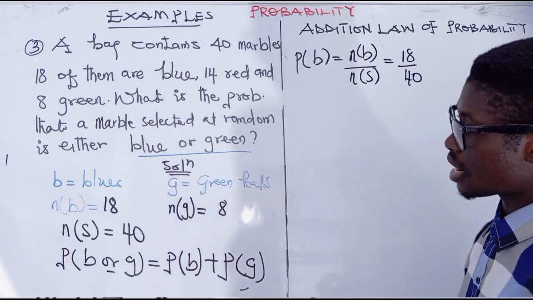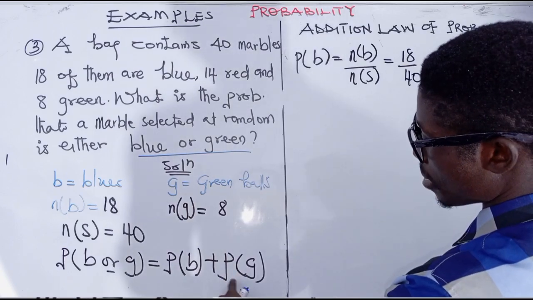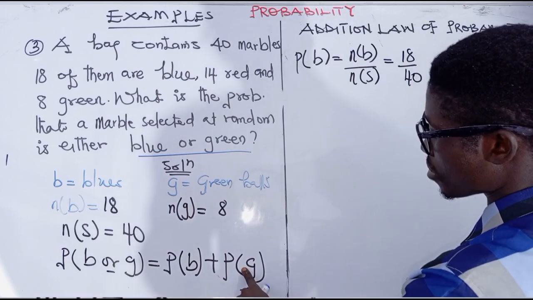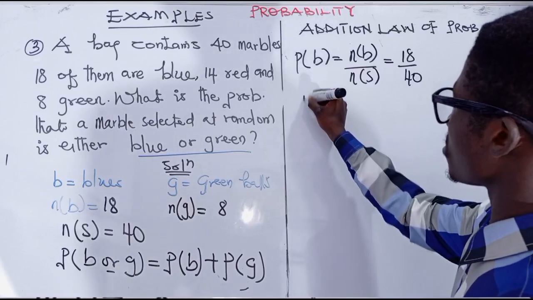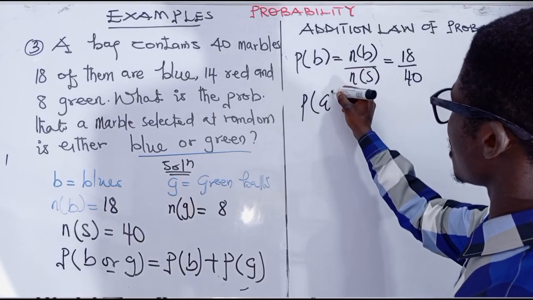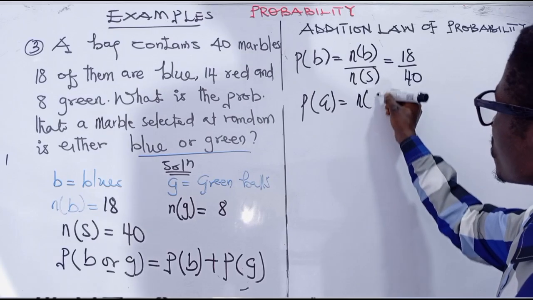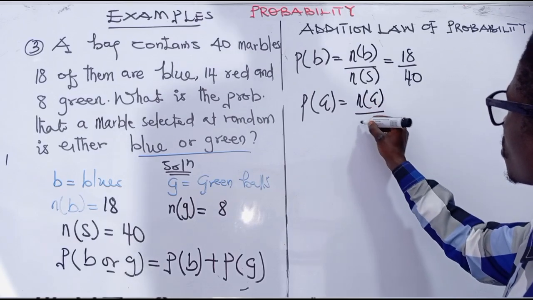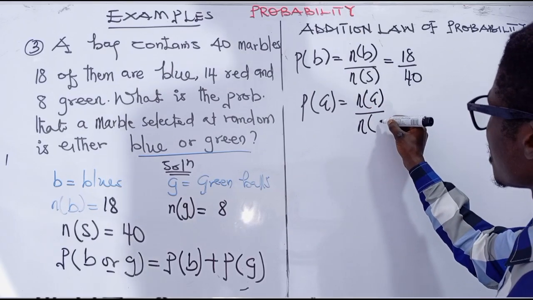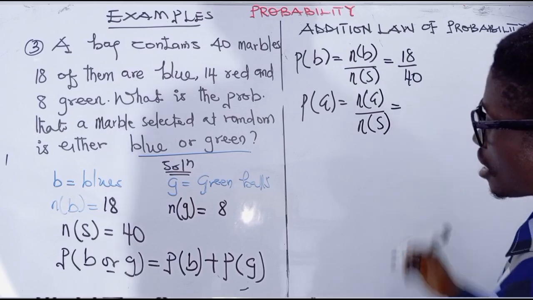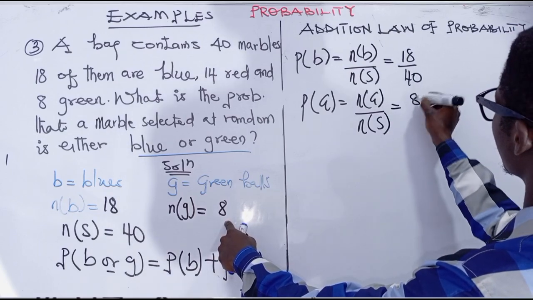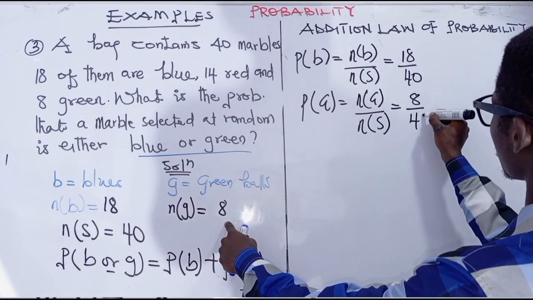Then we also need to find the probability of picking a green marble from the bag, which will give us the number of green marbles in the bag all over the total number of marbles in the bag. Number of green marbles we have 8 all over 40.